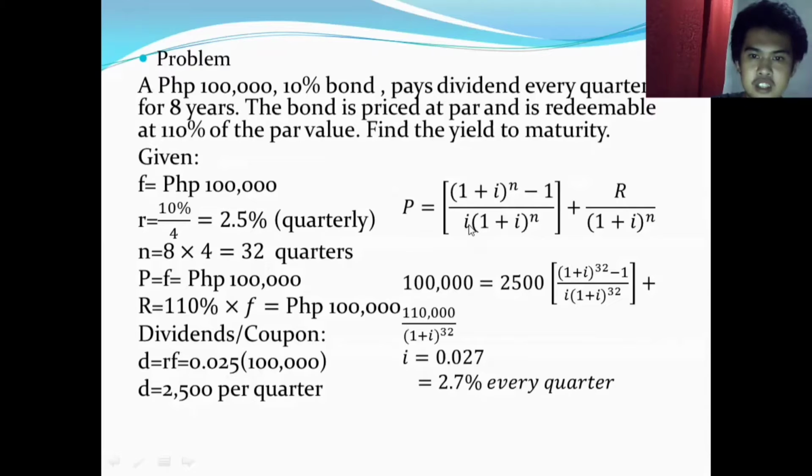To solve this, using the formula P equals D times [(1 plus i) raised to n minus 1] over [i times (1 plus i) raised to n], plus R over (1 plus i) raised to n.